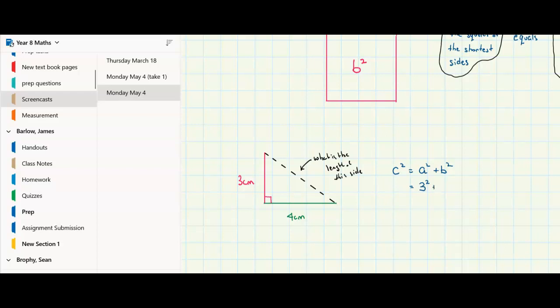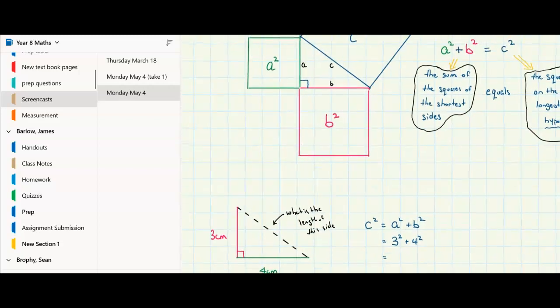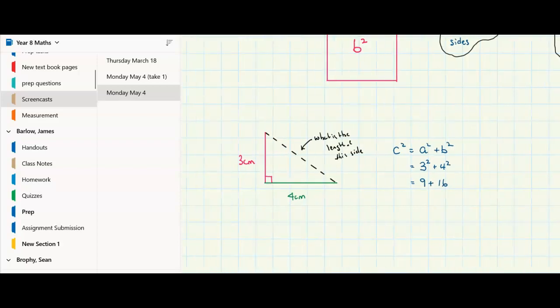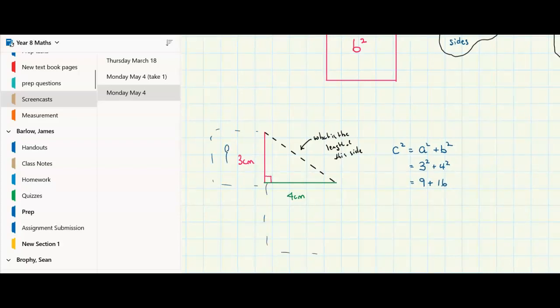3 squared plus 4 squared, that's what c squared equals. I've got to add the squares. What does it say? The sum of the squares of the shortest sides. 9 plus 16. If I drew a square on this 3, it would be 9 centimeters squared. If I drew a square on this guy here, it would be 4 by 4, 16 centimeters squared.